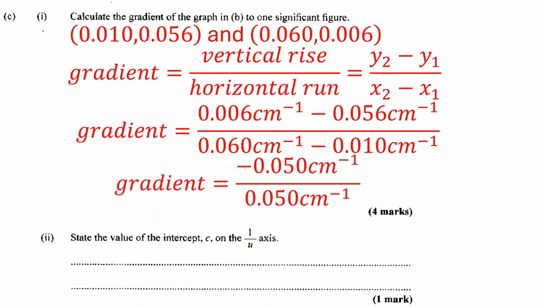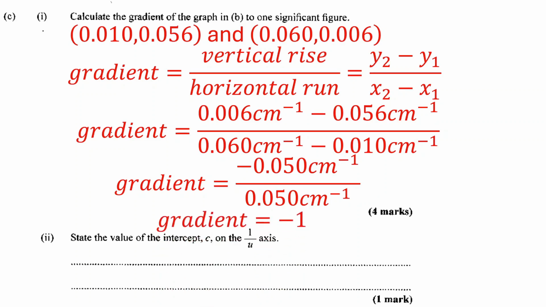So that will be a negative 0.050 centimeters to the negative 1 power divided by a positive 0.050 centimeters to the negative 1 power. Here, the units of centimeters to the negative 1 are going to cancel out, and the negative 0.050 divided by the same thing but positive will give you a gradient equal to negative 1.